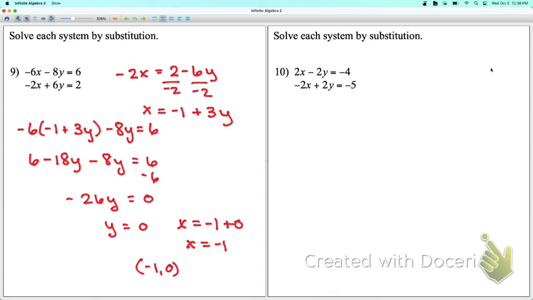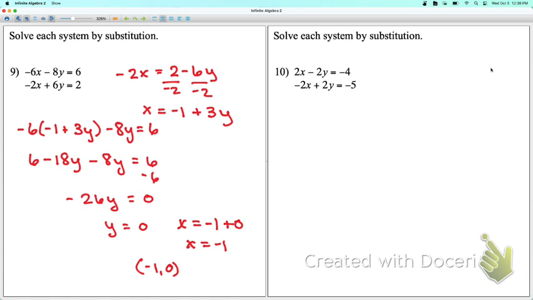Go back through your work. Okay, the reason why I picked the second equation x is because x is negative 2x, is everything in the second equation divisible by 2? Yeah, that's why I picked it. I picked that one too.